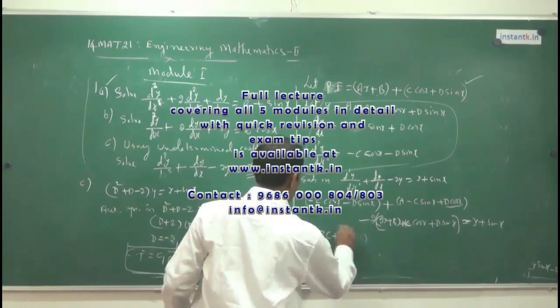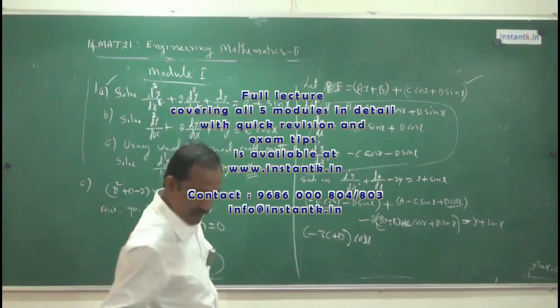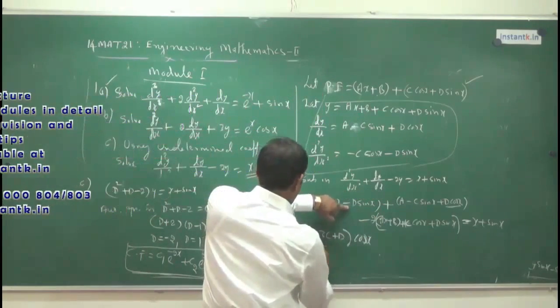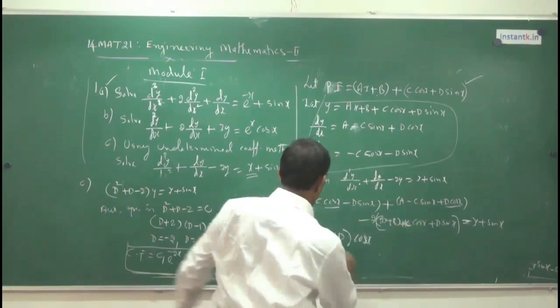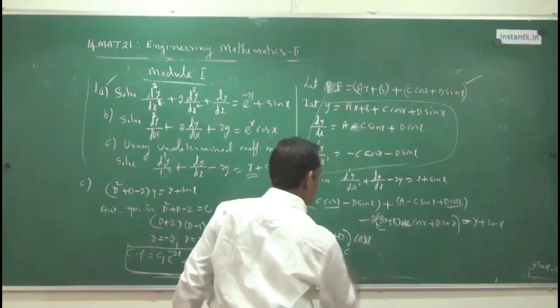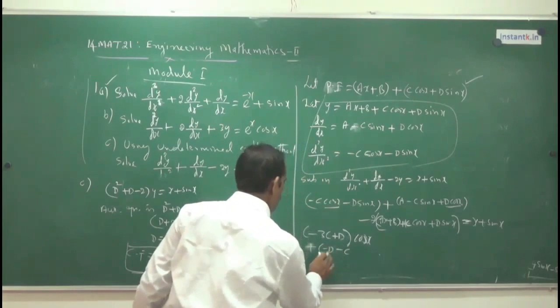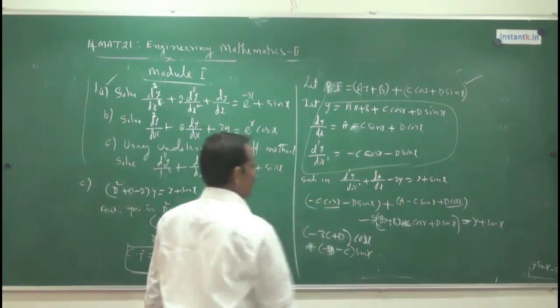Next, sin x terms. What are the sin x terms? Here minus d sin x, here minus c sin x, and another term, minus 2d. Minus d, minus 2d, minus 3d. This much into sin x.